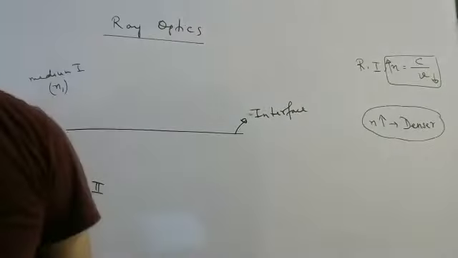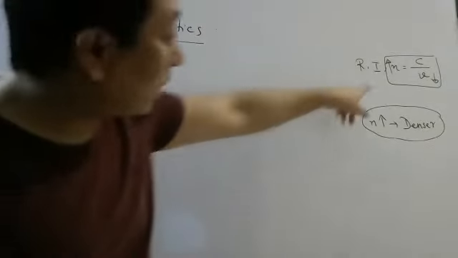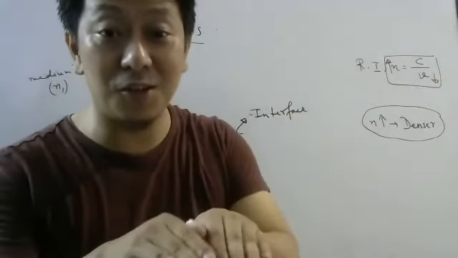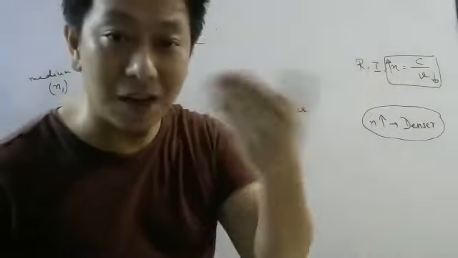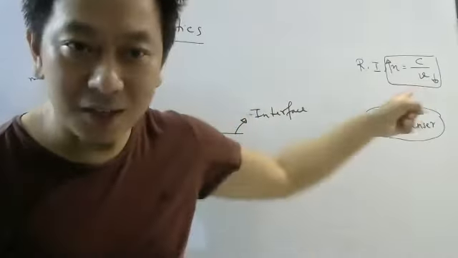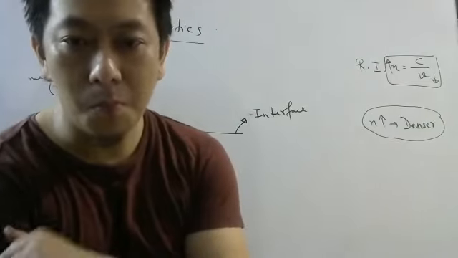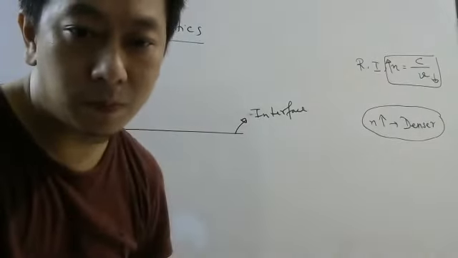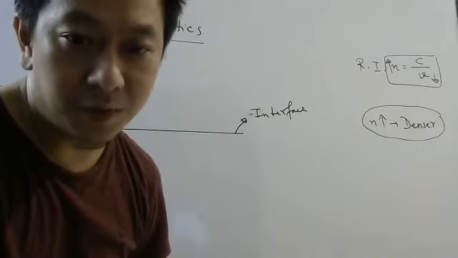And the reason why we do like that is because look at this formula. If refractive index is more, light will travel faster or slower? Look at this formula and tell. Slower it will travel, right?